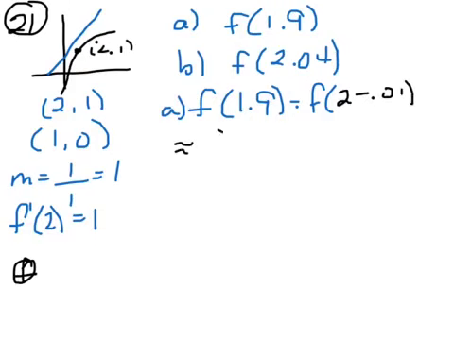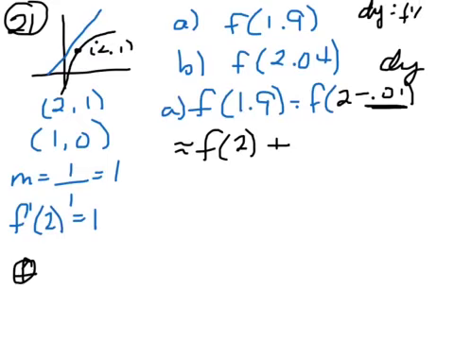That's about the same thing as taking the y value at 2, and then estimating the difference in y. That's the dy here. It's the y value f of 2 plus the dy, and if you remember, dy equals f prime of x dx from this section.